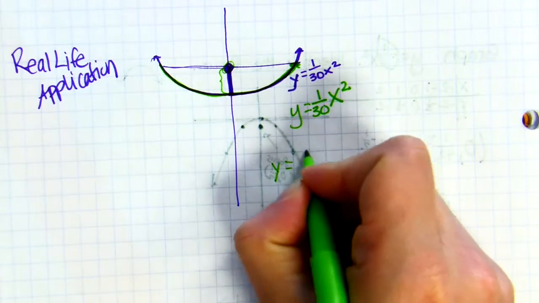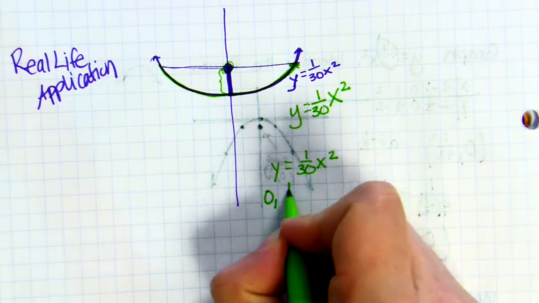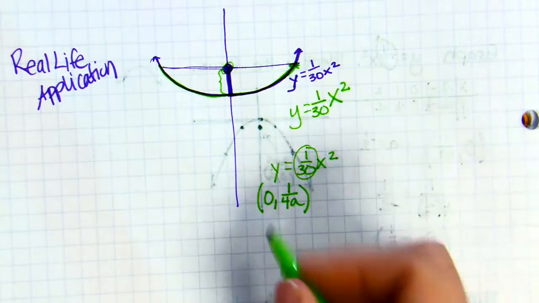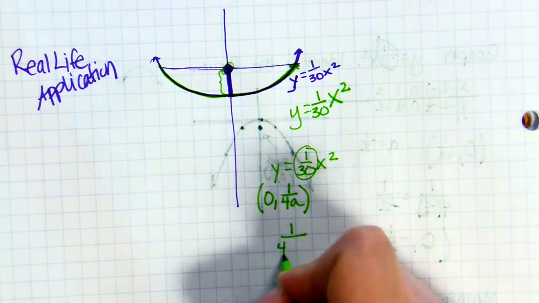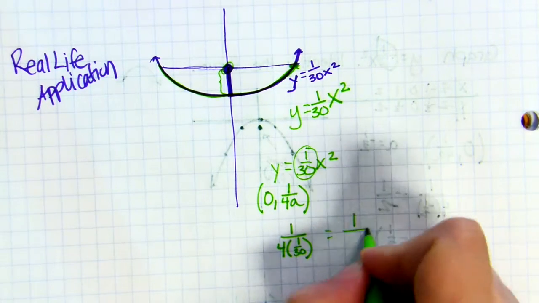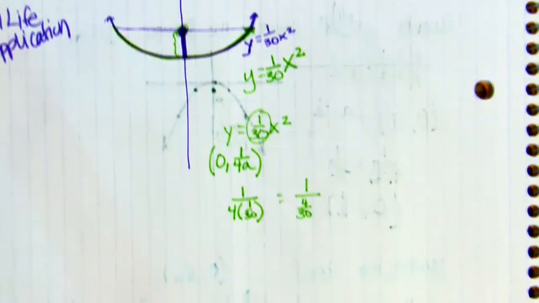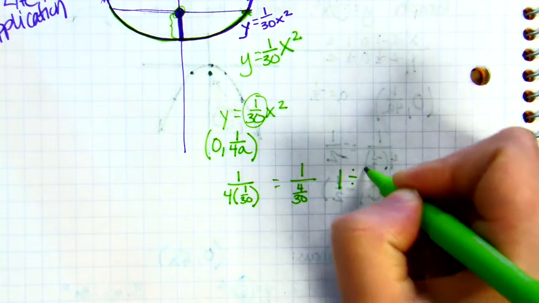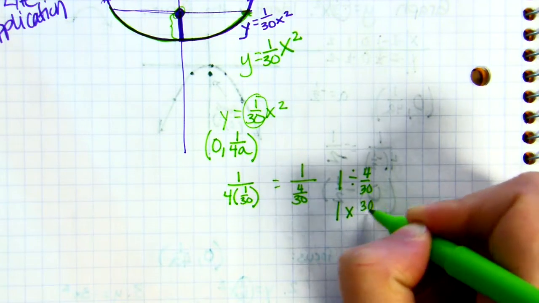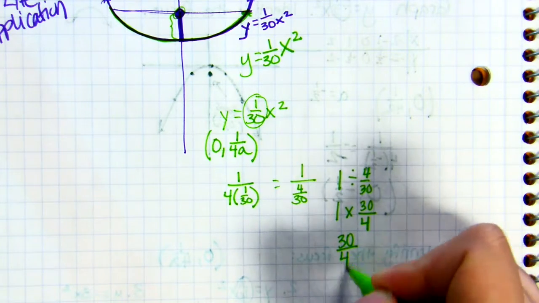So if we're using y equals 1/30 x squared, and we know that the focus would be at (0, 1/4a), in this case, a is 1/30. So 1 over 4 times 1/30. 4 times 1/30 would be 4/30. And I'm going to do the same thing I did before, where I thought of this as 1 divided by 4/30, which would be the same as 1 times 30/4, which is just 30/4.